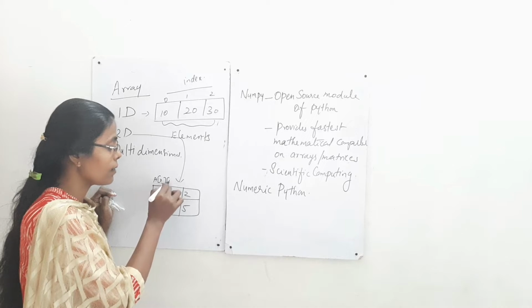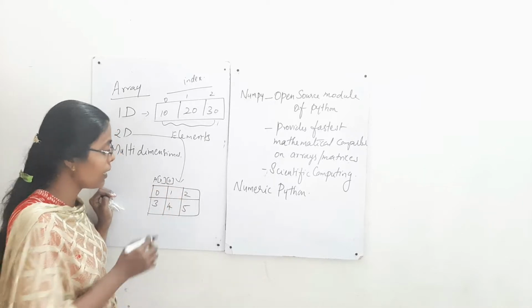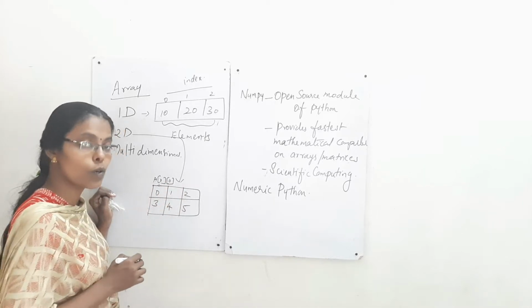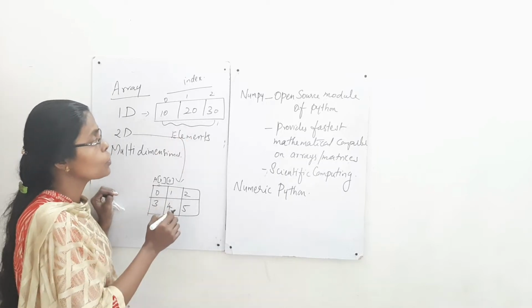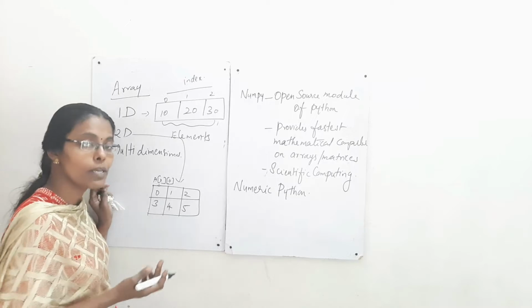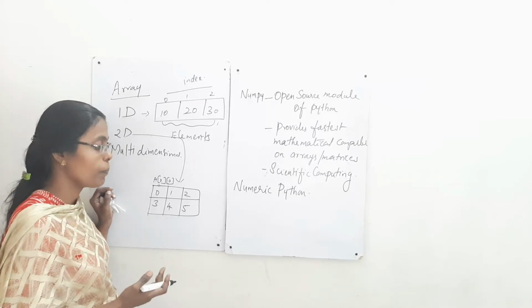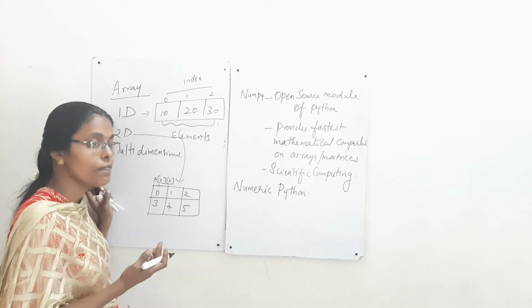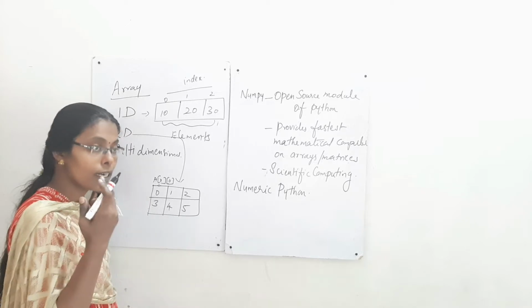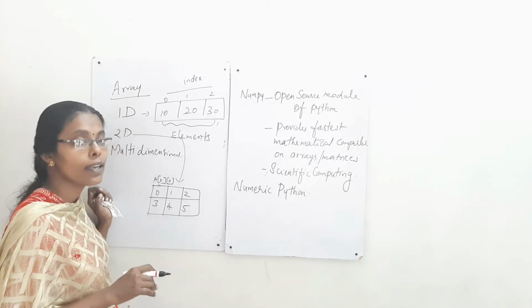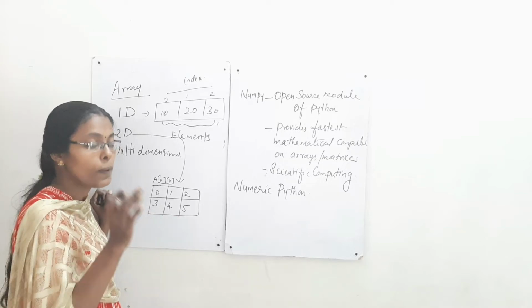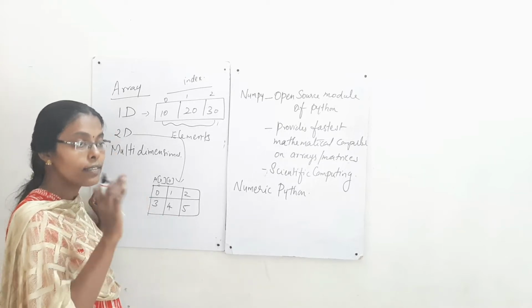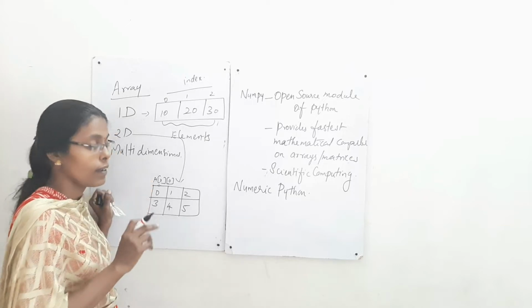If the array is named A, this is called A of 0 0, the first location element. Multi-dimensional means n-dimensional. Suppose if 3 columns and 3 rows are there, then it is known as a three-dimensional array. Like that way, Python provides powerful n-dimension objects here.